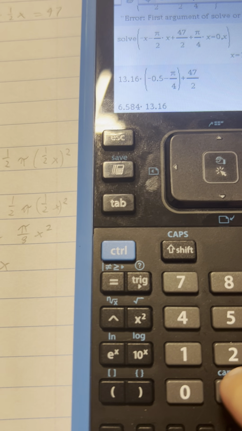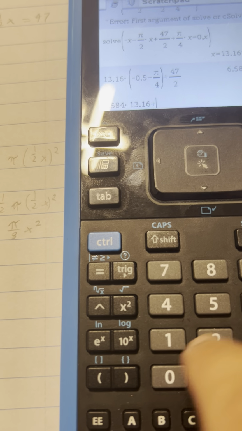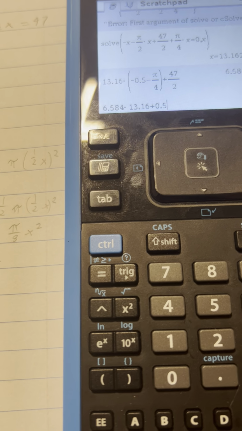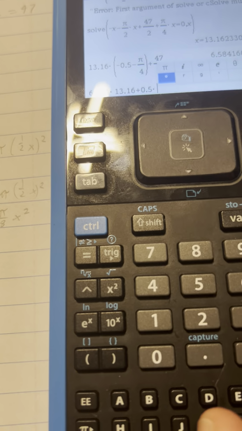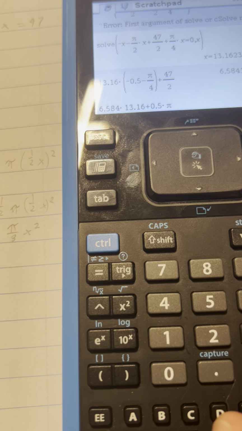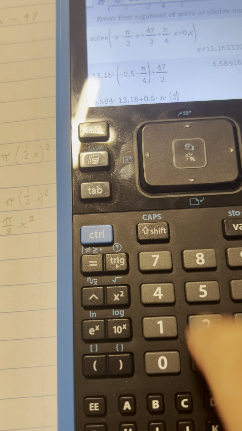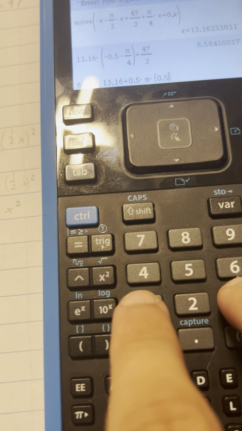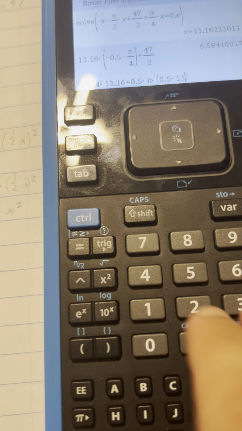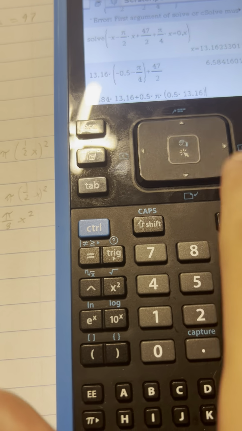So you have that as x times y, then plus 1/2 times pi times 0.5 times 13.16, all that squared. And that should give you the total area. Area is equal to 154.65. That should be the answer.